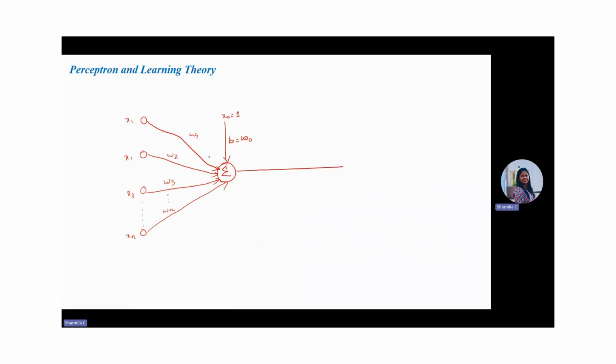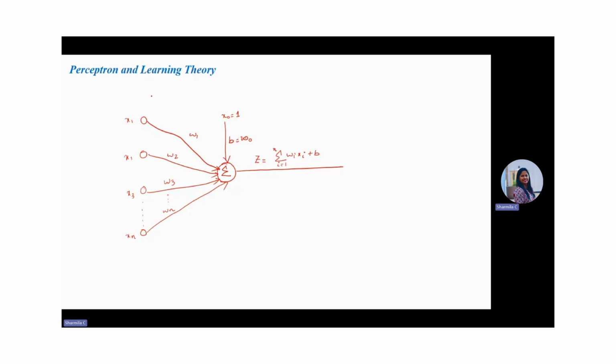So what is the output from these inputs and weights? I'll represent that with Z, where the value is the summation of i equals 1 to n, Wi times xi, plus the bias value. Why not include the bias in the summation? Because the bias is always a constant and its value is always 1, whereas the x value can be 0 or some other value.